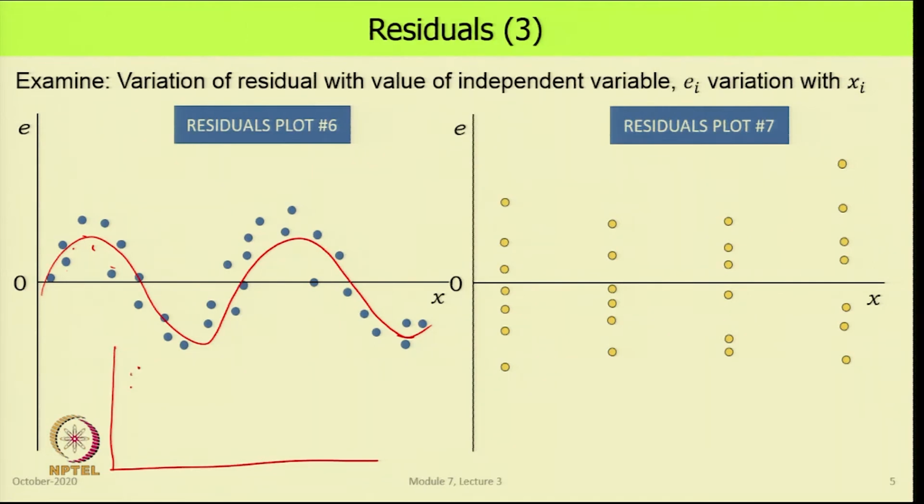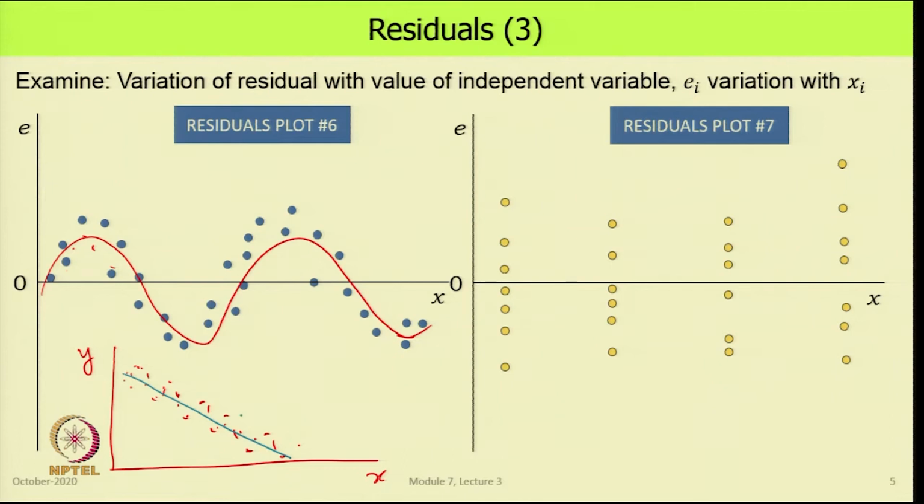It could have been that the data was like that, this is y, this is x, and to this when we fitted a linear regression, it gave a residual plot like this.